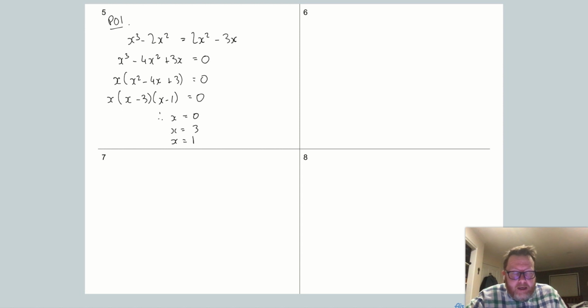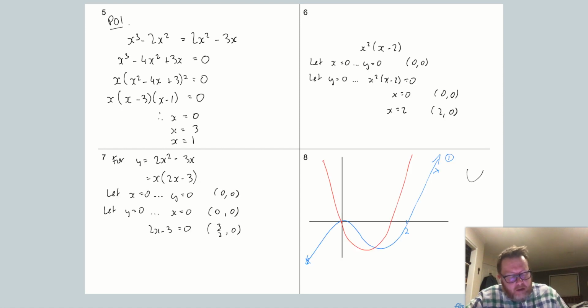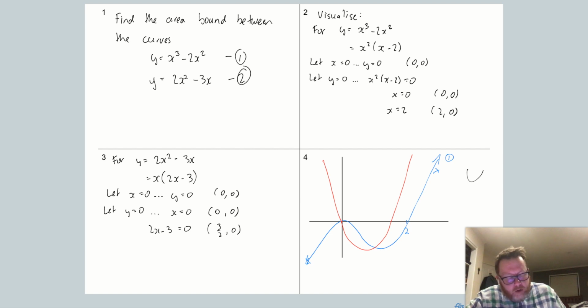I've got 3 x coordinates, not 2. So wait a minute, let's have a look at that graph again. So 3 points of intersection, and yet here I've only got 2, here and here. So what I have failed to do is to draw my graph in a way which captures that third point.